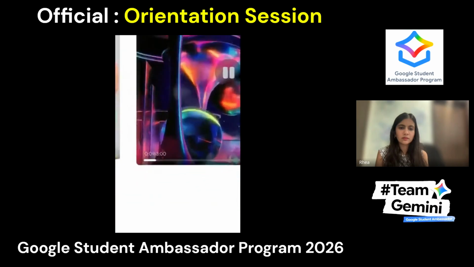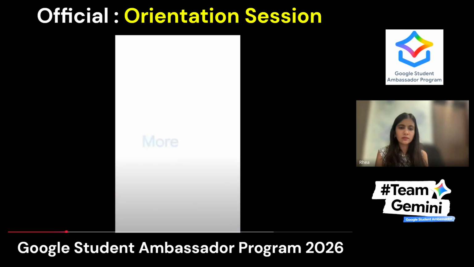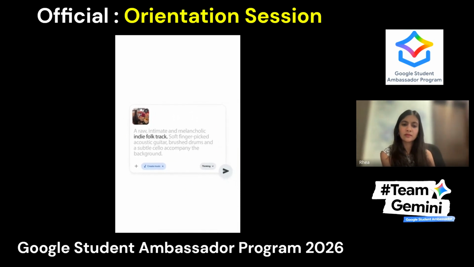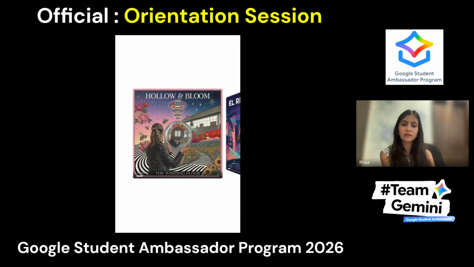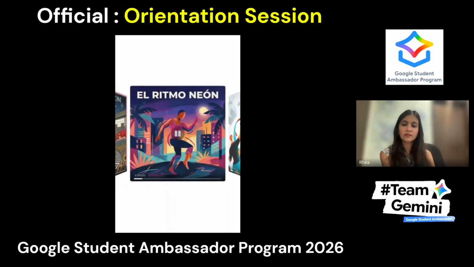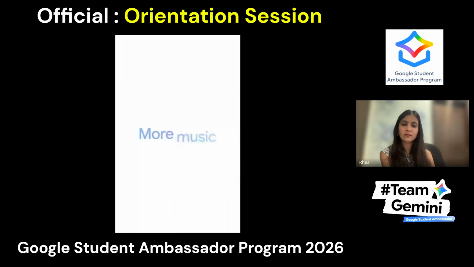Lyria can now write up to 3-minute long tracks. That's more time to tell stories, that's a fact. And more time for true experimentation. More time for quality instrumentation, like raw indie folk with a subtle cello, or a reggaeton beat that's laid back and mellow. more time for some real melodic customization.